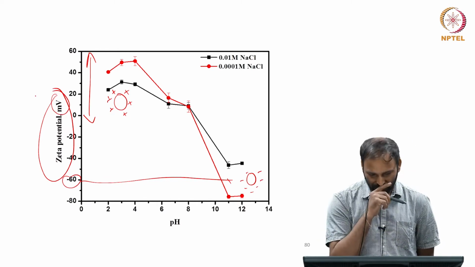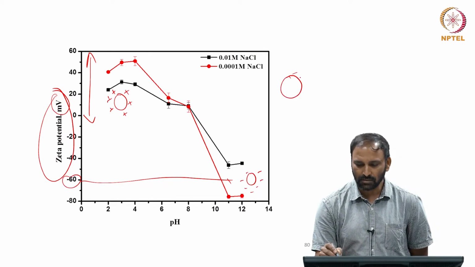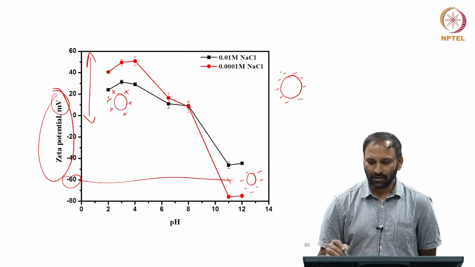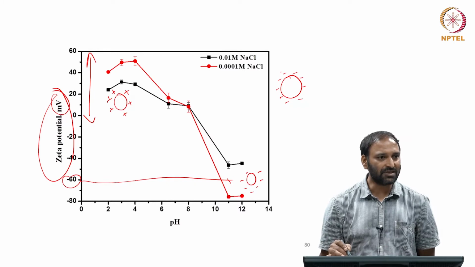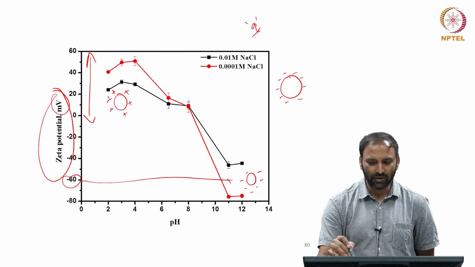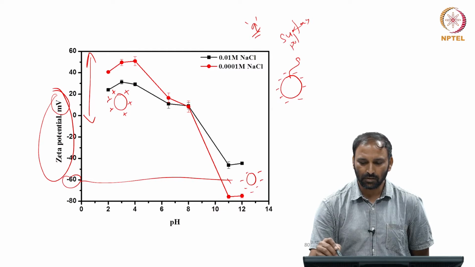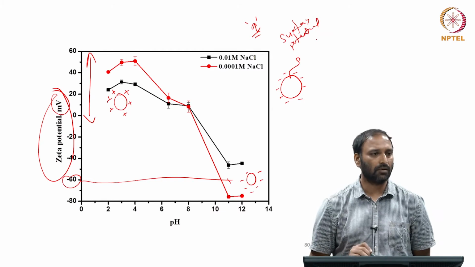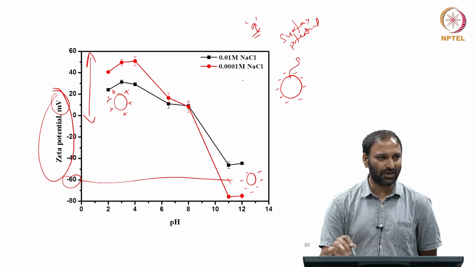We will learn that whenever you are working with charged particles in a fluid, the mathematical treatment becomes much simpler if you do not work with charge, but with a quantity called surface potential. Again, we will define what surface potential is in a while.